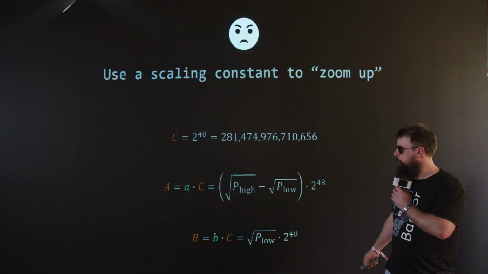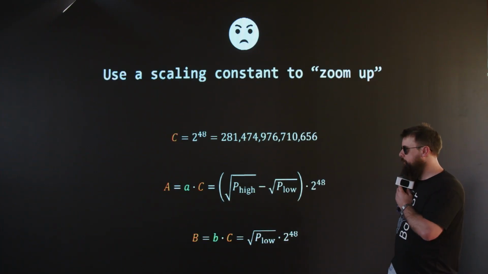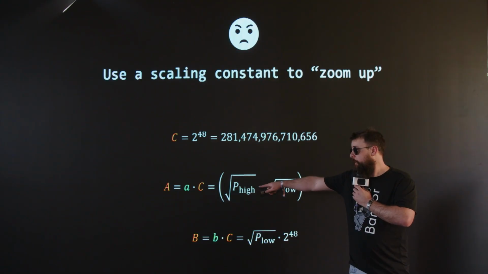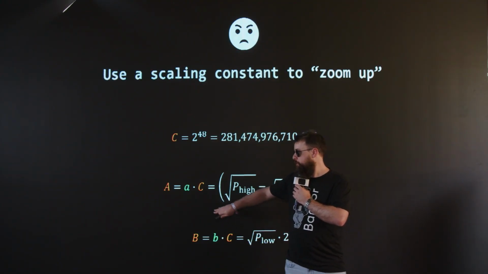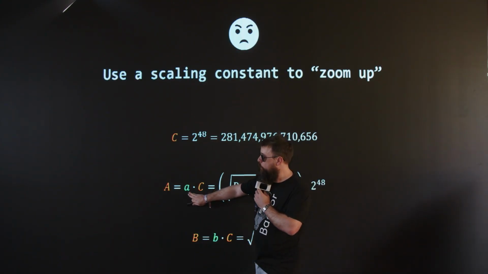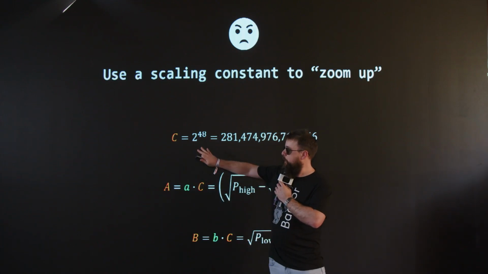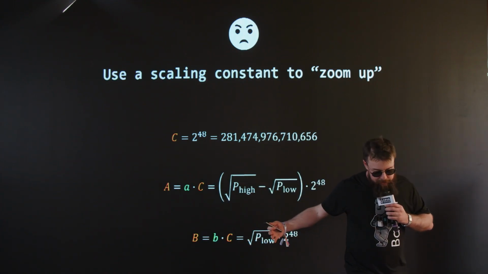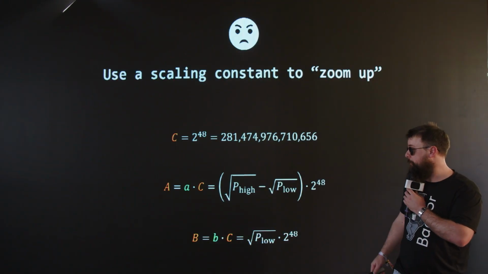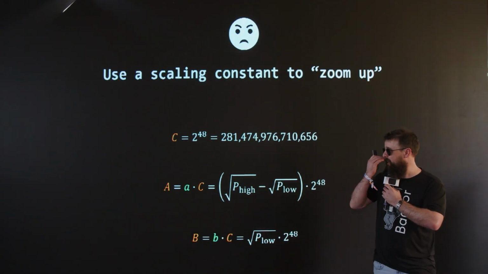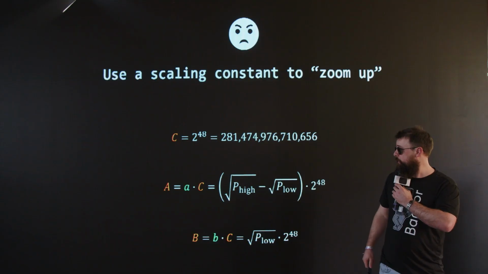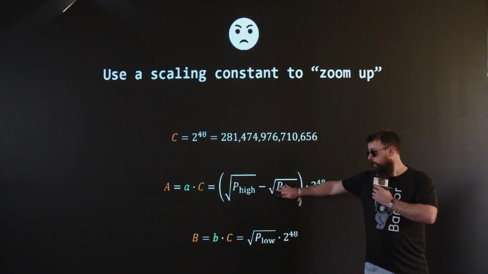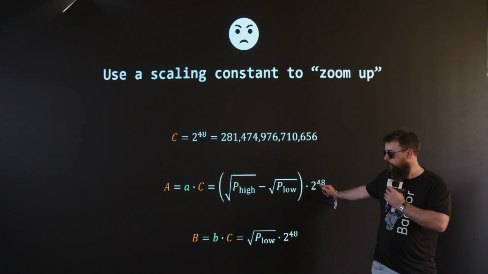So one of the strategies that we employ is a scaling constant. So whenever we take one of these variables, so the lowercase a, we transform it into the uppercase version by multiplying it by a very large constant. In this case, 2 to the power of 48, or about 281 quadrillion. Which means that these very small numbers become much bigger numbers by default.